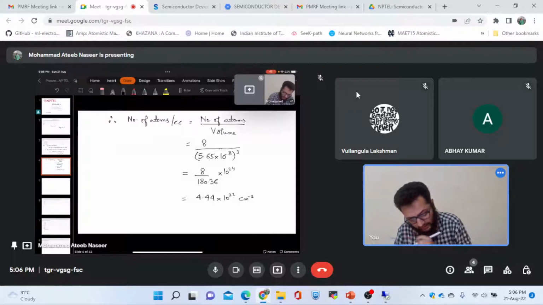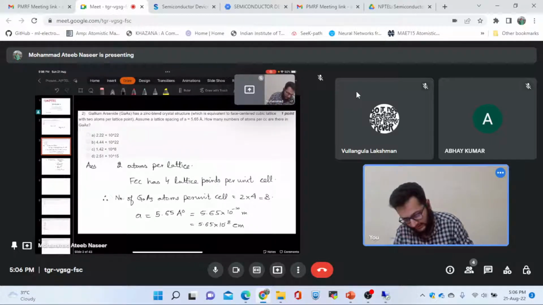So we have got the answer to be equal to 4.44 into 10 raised to the power 22. Let's check the options, and option B seems to be the correct one. So we will go with option B.